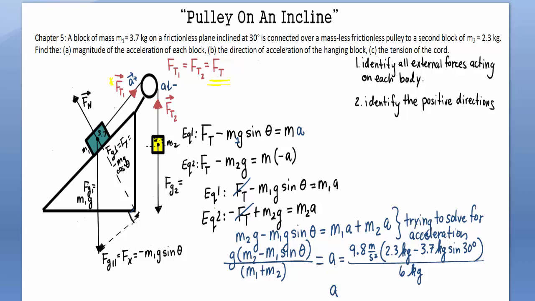That would be 0.72 times 9.8 divided by 6, and we have an acceleration of 0.735 meters per second squared.